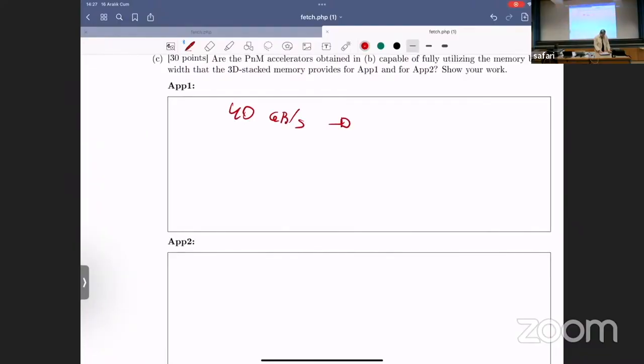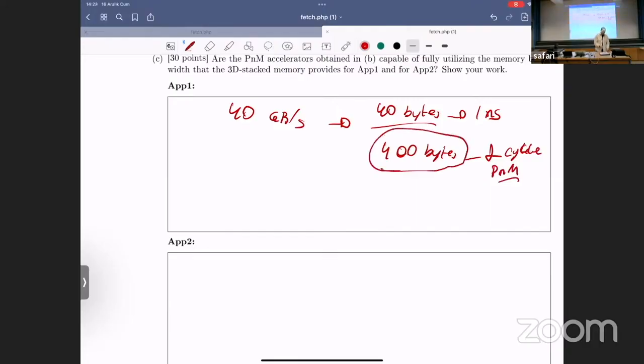This means that you load 40 bytes in 1 nanosecond, or since the frequency of the processing memory unit is 10 times lower, this means that you need to load 400 bytes in 1 cycle of your processing memory engine to fully utilize the bandwidth of your memory device.